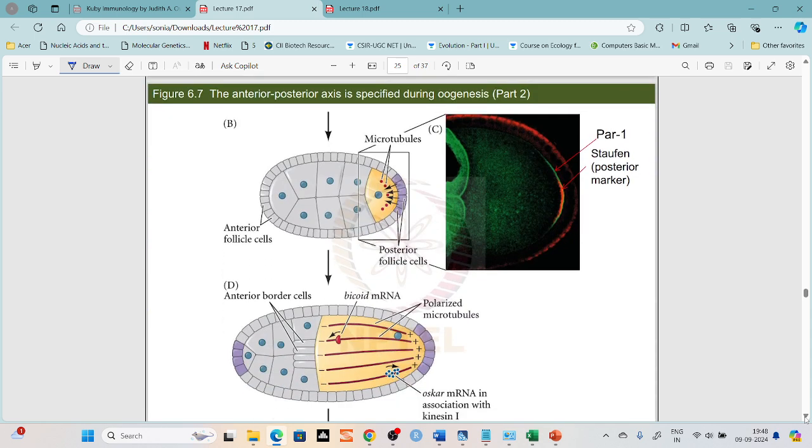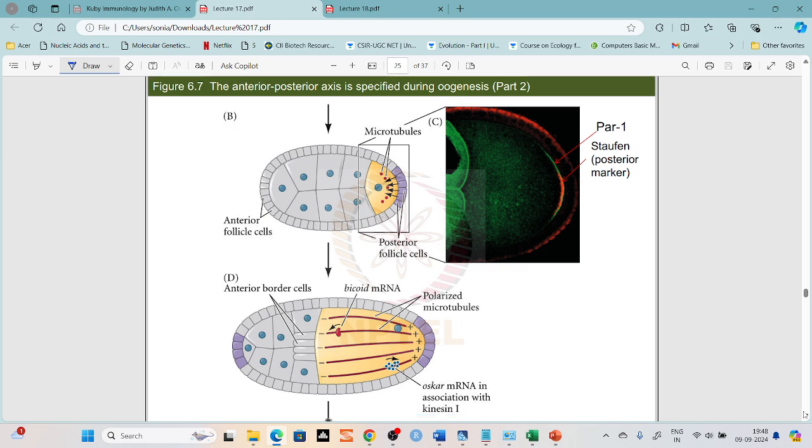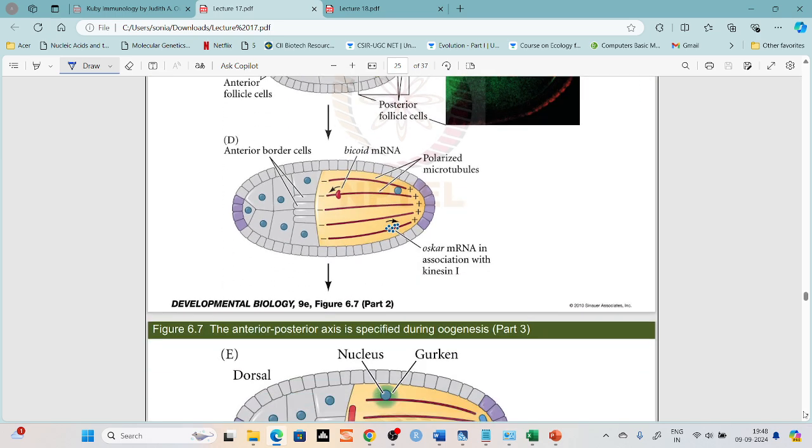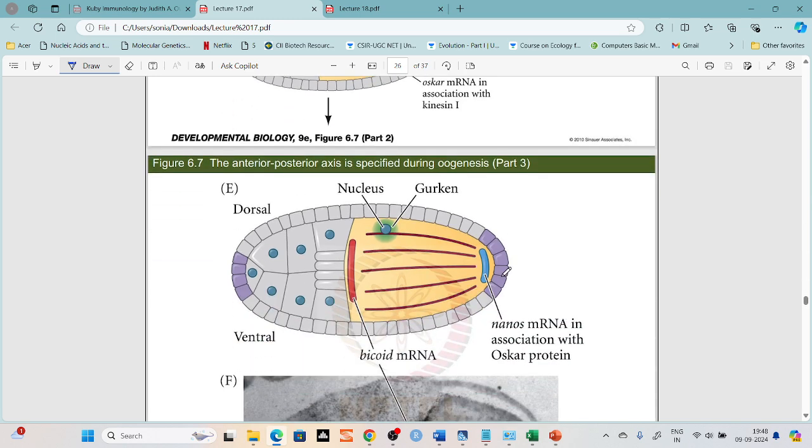When these gherkin proteins bind to the receptors, the microtubule formation takes place, and these are the polarized microtubules that are formed. On the negative side, bicoid mRNA binds along with dynein. On the positive side, Oscar mRNA binds along with kinesin, and then this happens.